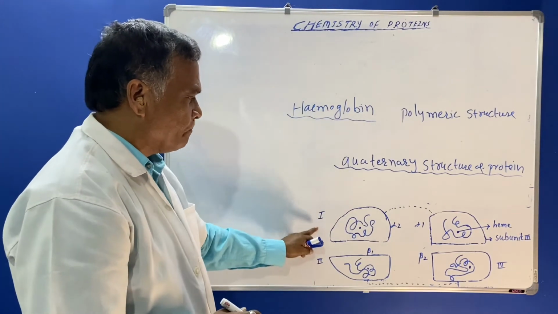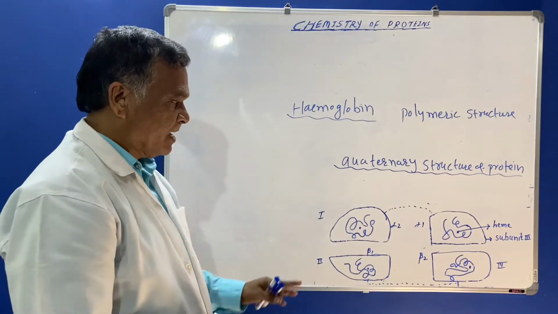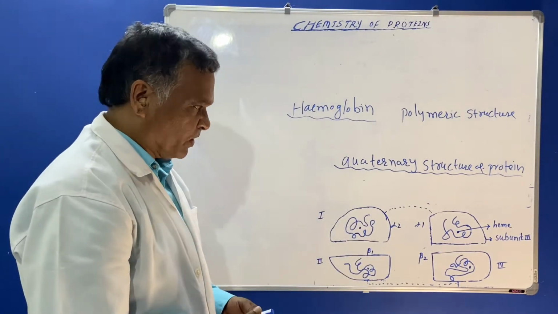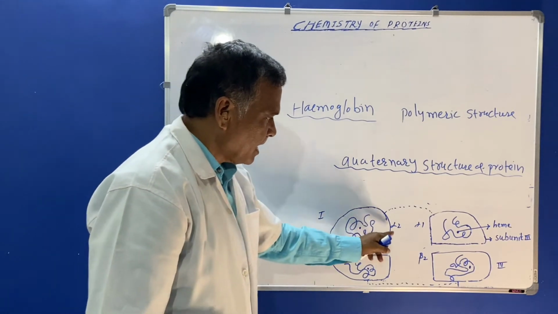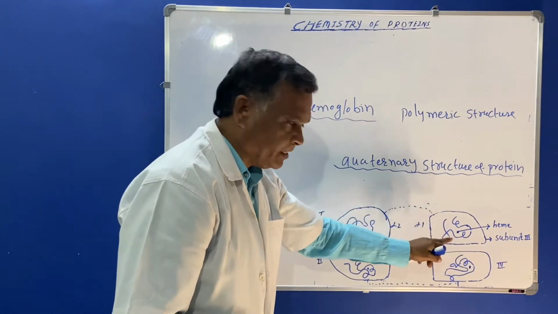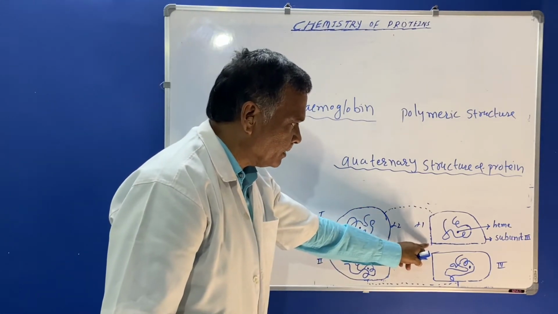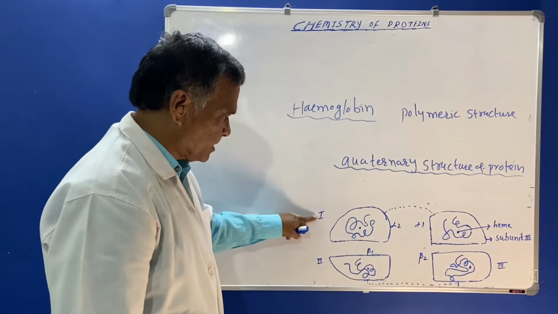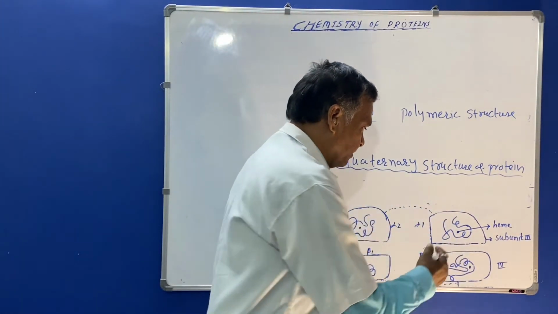Hemoglobin will contain 4 polypeptides, and they are folded further from the tertiary structure. It will contain alpha 1. See, this is the structure belonging to hemoglobin. This is the first subunit, second subunit, third subunit, and fourth subunit.